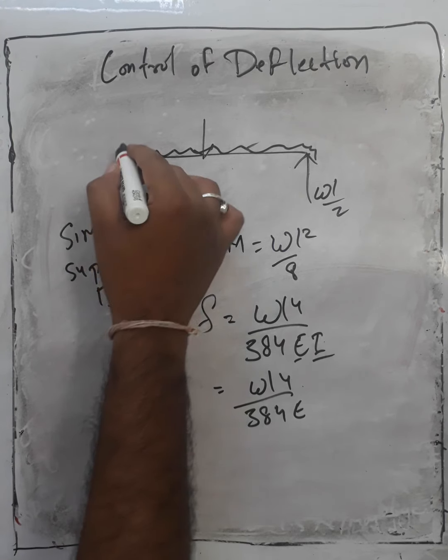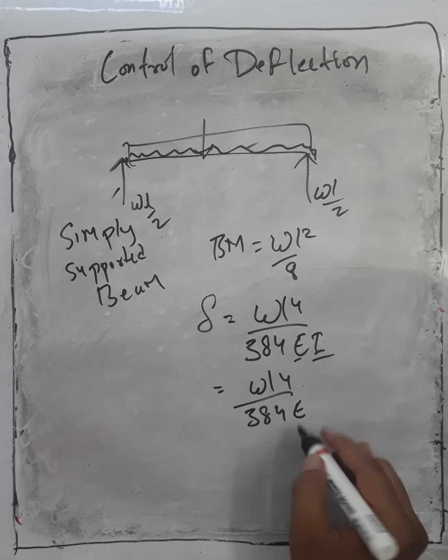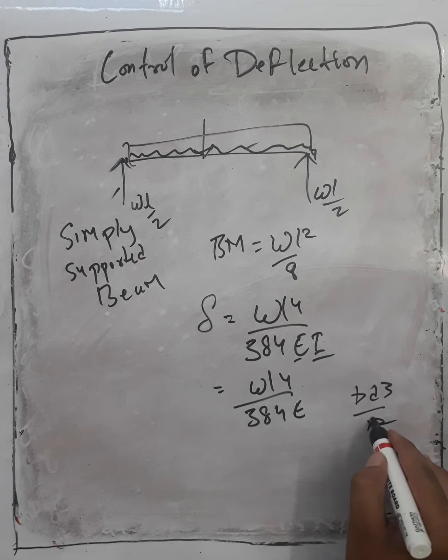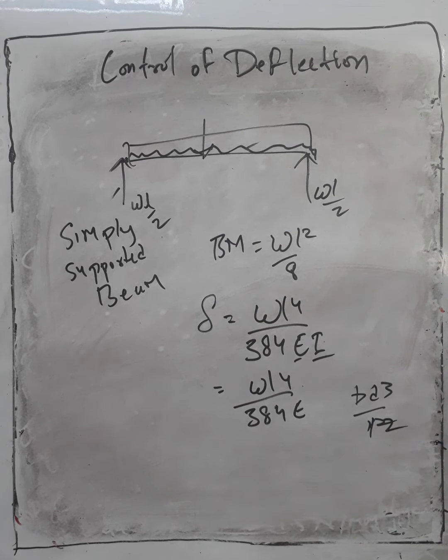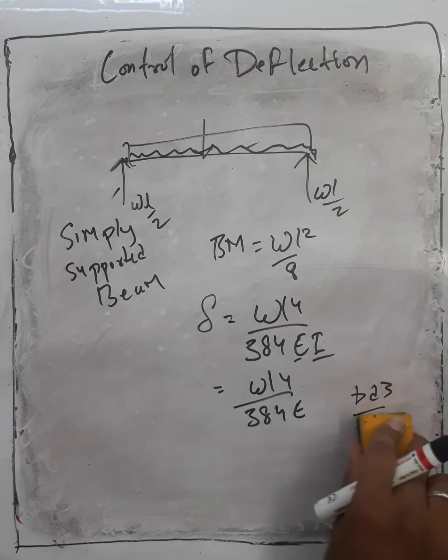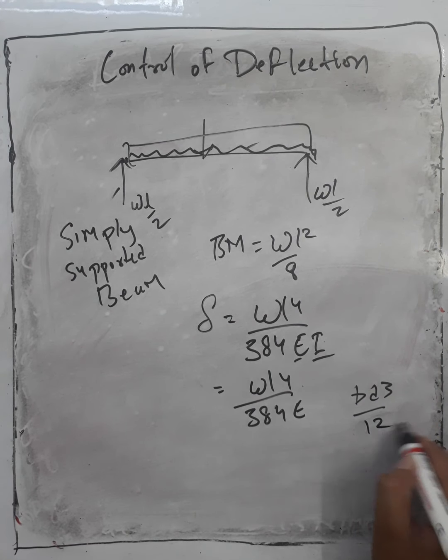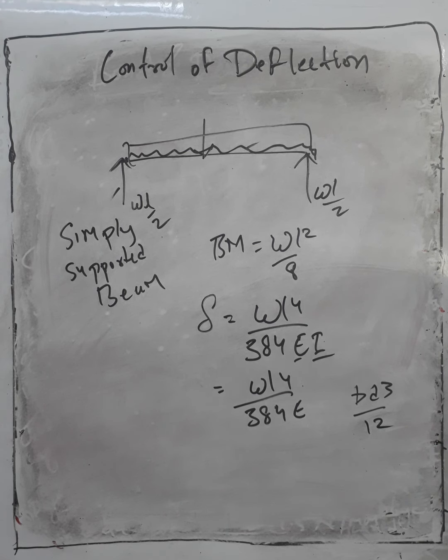Our beam is rectangular in section, and it depends on the shape of the beam. Because we construct a beam, it is always rectangular in shape, so we can take a rectangular shape. For that, the moment of inertia is BD cube by 12.